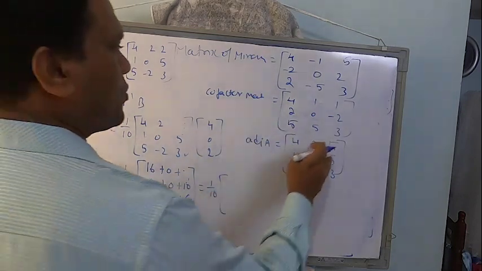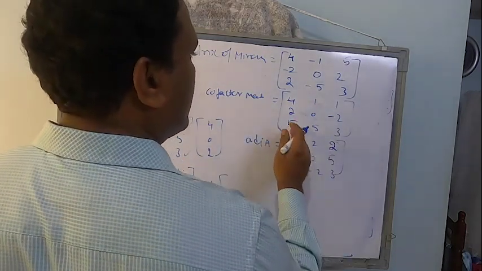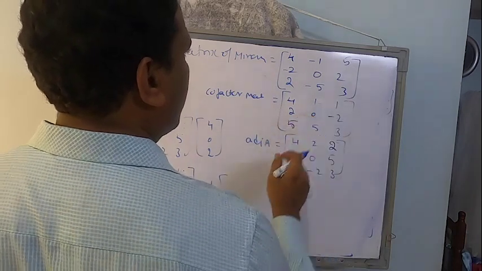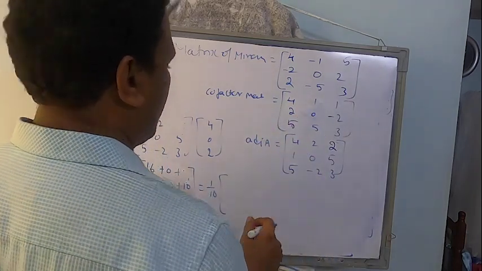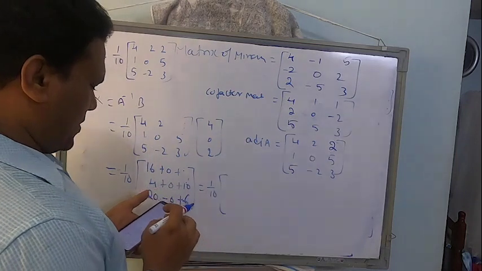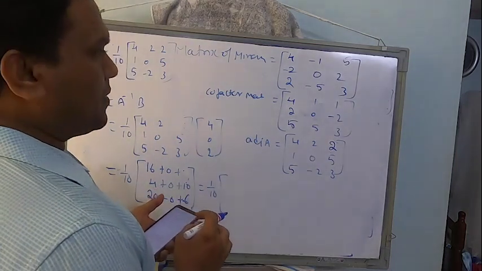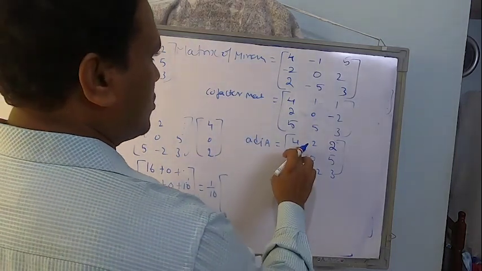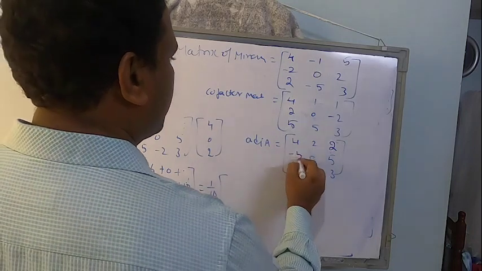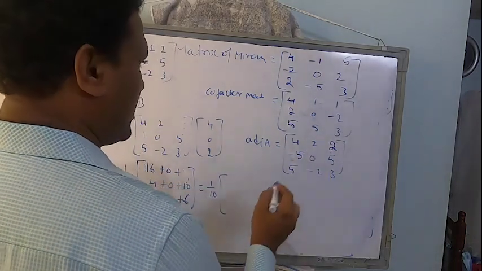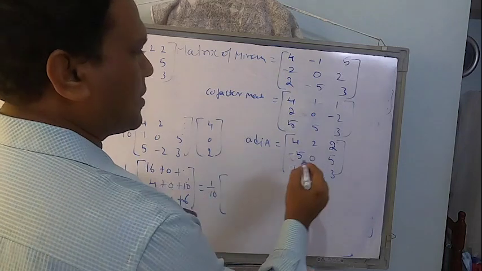The adjoint is right, 4 2 2. That's fine. I changed here. No, then what is the problem? Just a second. 4 2 2 minus 5. This should be minus 5. 0, 1 minus 2, 3. Sorry, this is the adjoint.